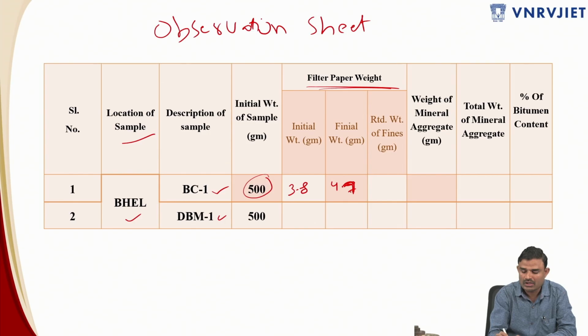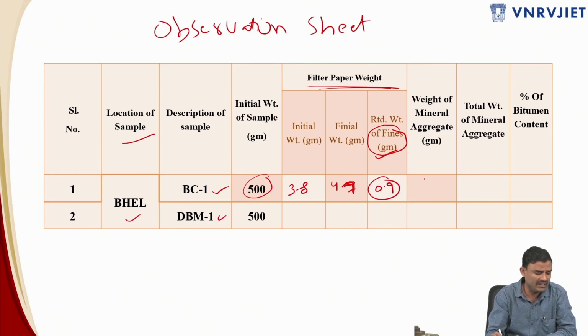This is the initial weight of the filter paper, and this is the final weight of the filter paper along with some fines. I want to get only the retained weight of the fines, so this has come to be 0.9 grams. That is the weight of the fines deposited on the surface of the filter paper.